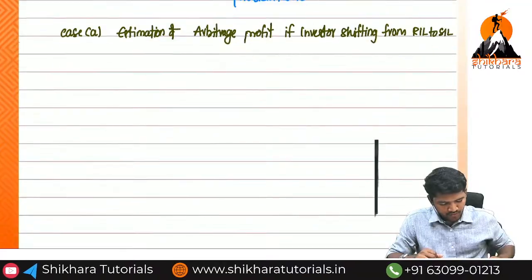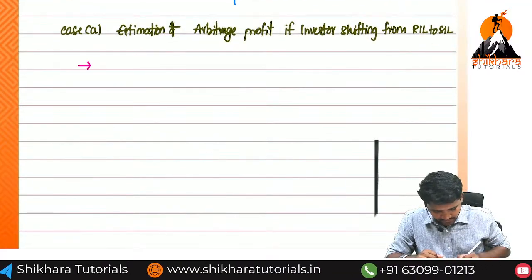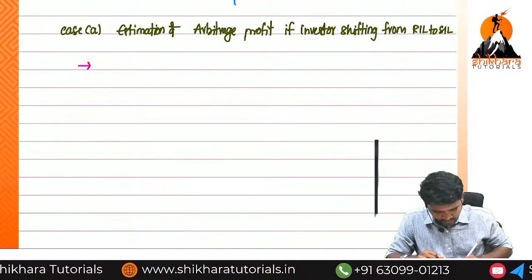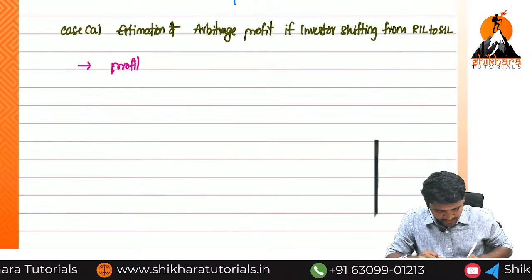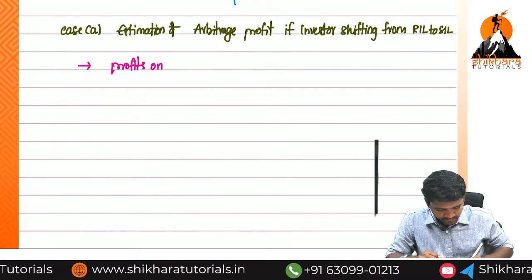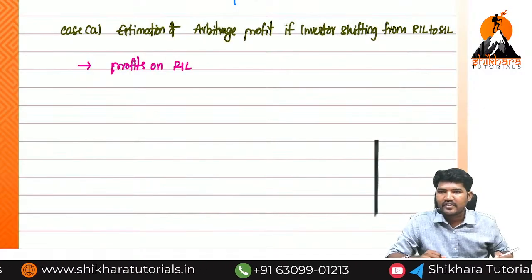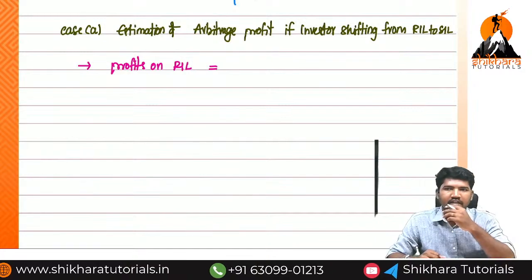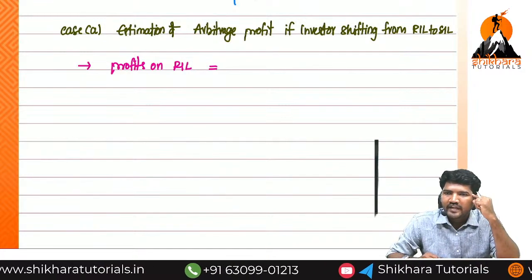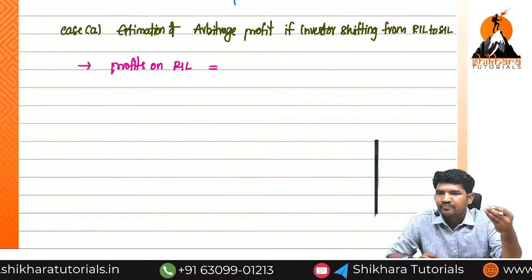Now first you have to calculate profits on the existing company, RIL. Profits on RIL are equivalent to, I think, the unlevered firm, right? That entire EBIT will be shared with whom? The equity shareholder.